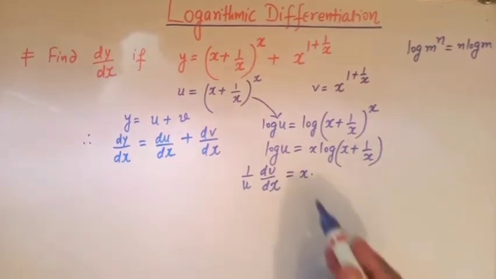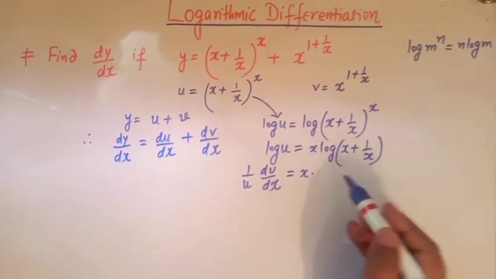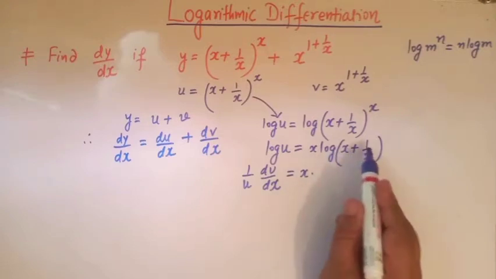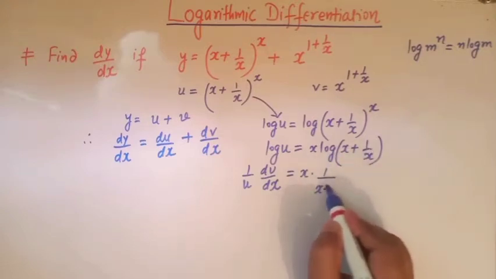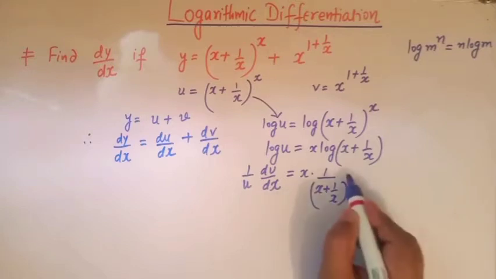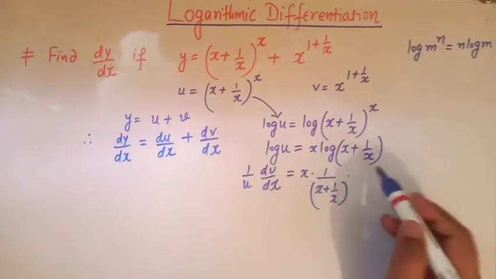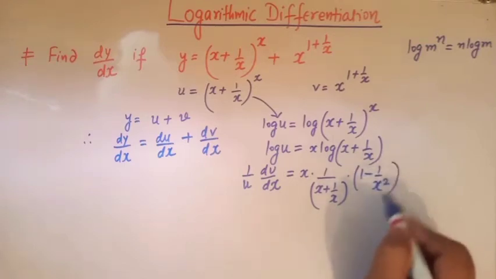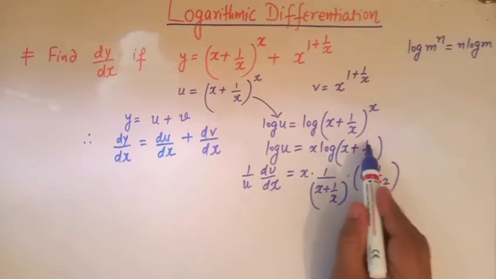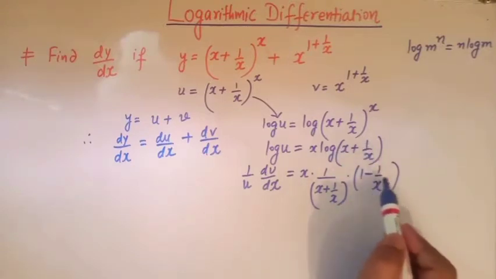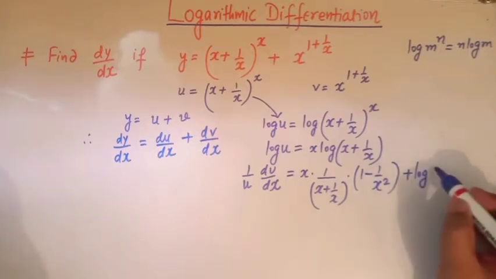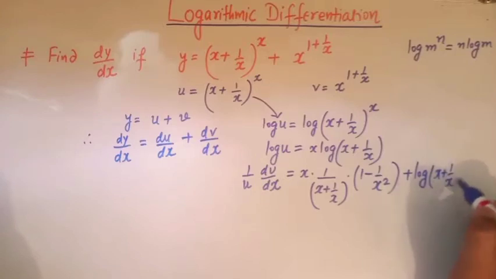So here we have x multiplied by the derivative of log(x + 1/x), which is 1/(x + 1/x), and then we differentiate x + 1/x: the derivative of x is 1 and the derivative of 1/x is minus 1/x², plus log(x + 1/x) times the derivative of x, which is 1.